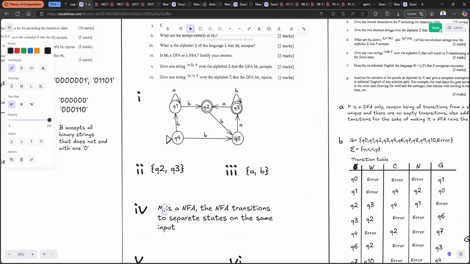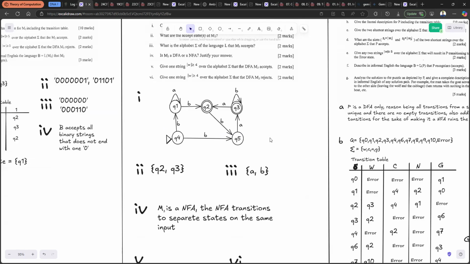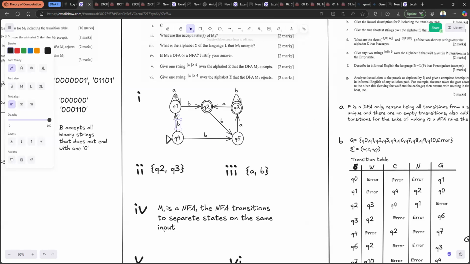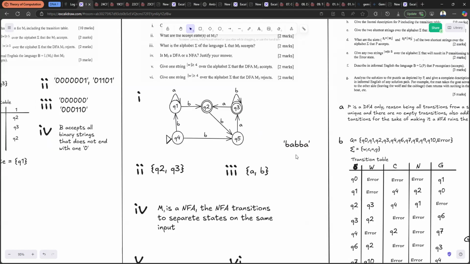So now we have to go B. So B, A, B, B. Oh no, I have to follow the arrows. So B, A, B, B, A. That's 5. Let me just write that down. B, A, B, B, A. That's one string that it would accept.